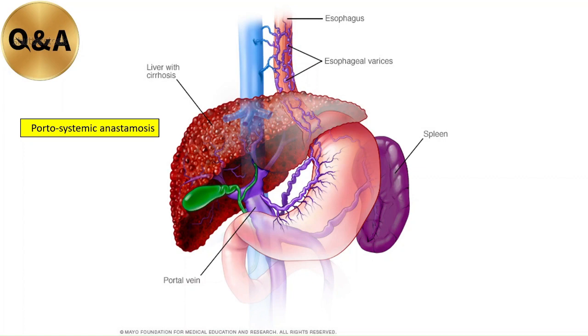That is because of building up of pressure inside the veins, and as you go up, you will find that the veins around the esophagus are also dilated. Dilated vessels of the esophagus after portal hypertension is called esophageal varices.